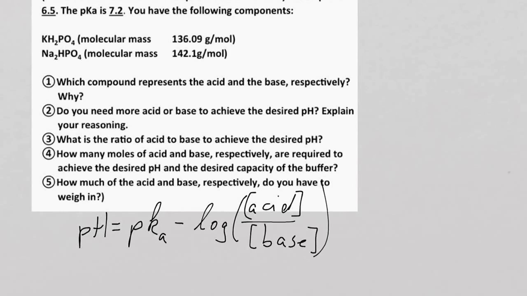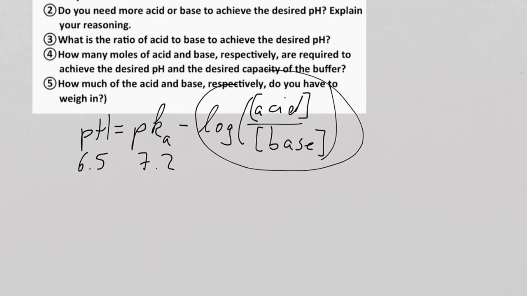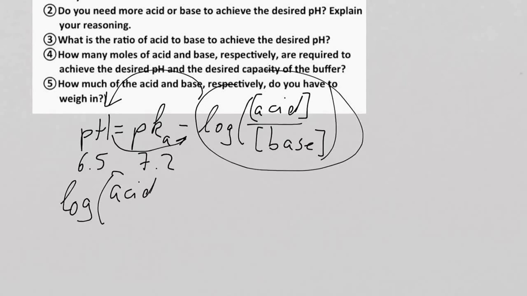We have pH 6.5 and pKa 7.2, and we are solving this equation for log acid over base.